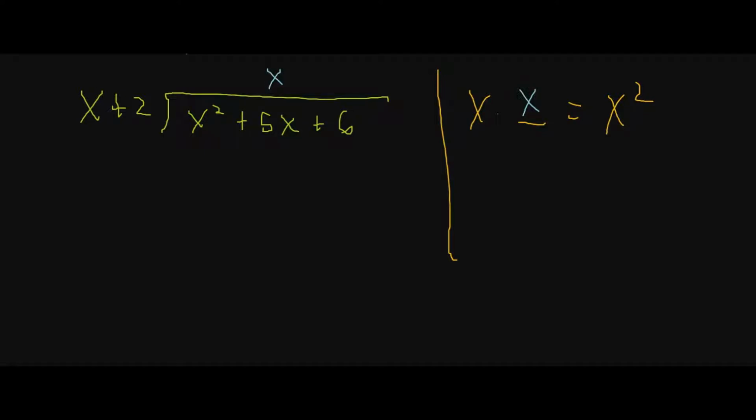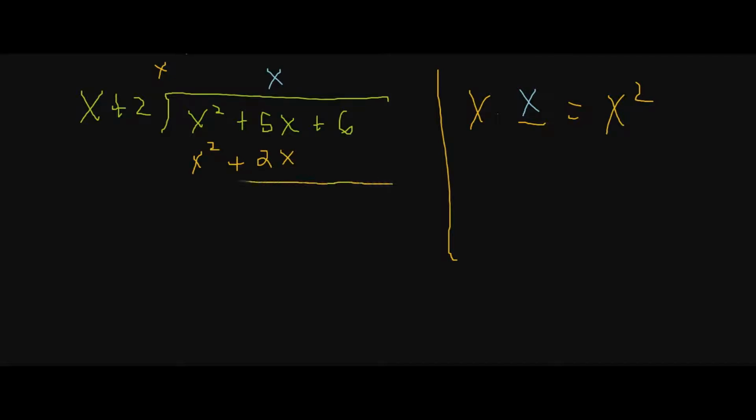Now we take this term here and multiply it with x. What's x times x? X times x is going to give me x squared. And what's 2 times x? 2 times x is going to give me plus 2x.